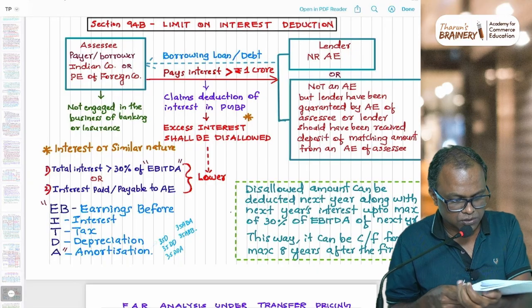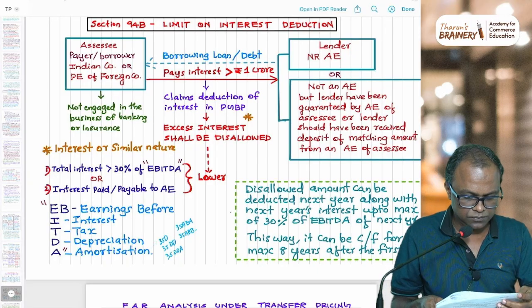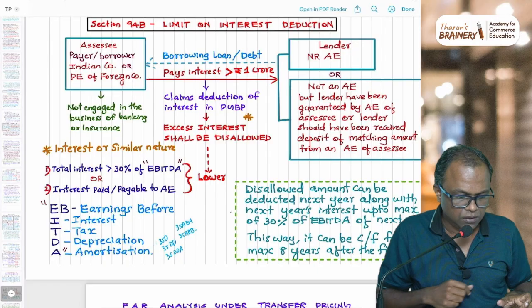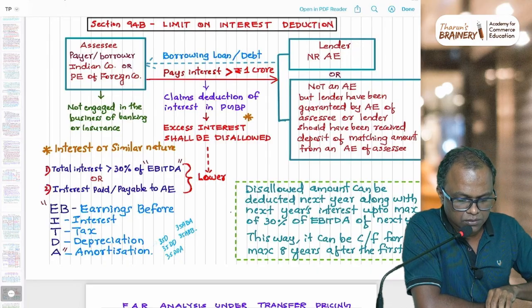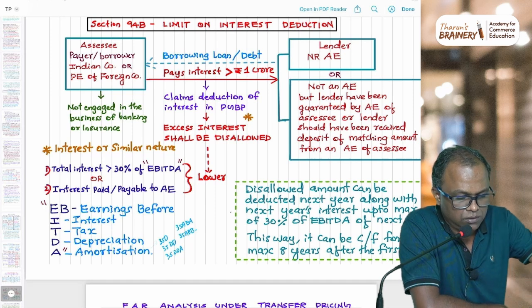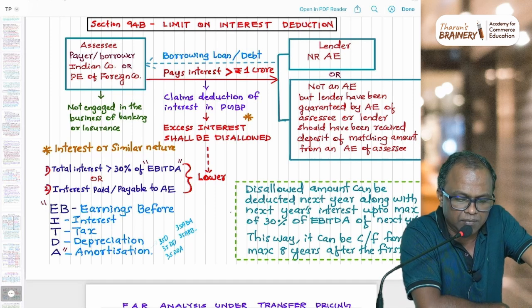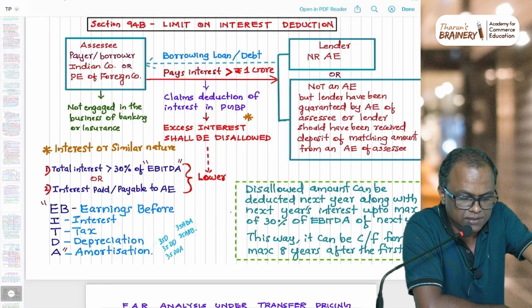So first we will take question number 10. Paras Limited is an Indian company engaged in the manufacture of supreme quality mink blankets.